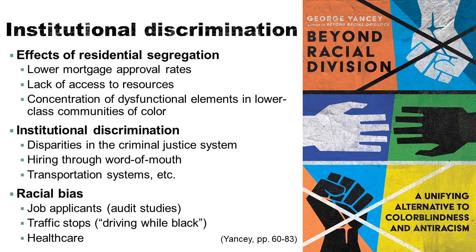Further, he looks at the category of institutional discrimination in disparities in the criminal justice system. I'm going to save our discussion on that for 2 weeks from now because I'm going to do an entire lesson on the criminal justice system. Here's another reality that he points to. Often, hiring happens simply through social networks. It happens by word of mouth.